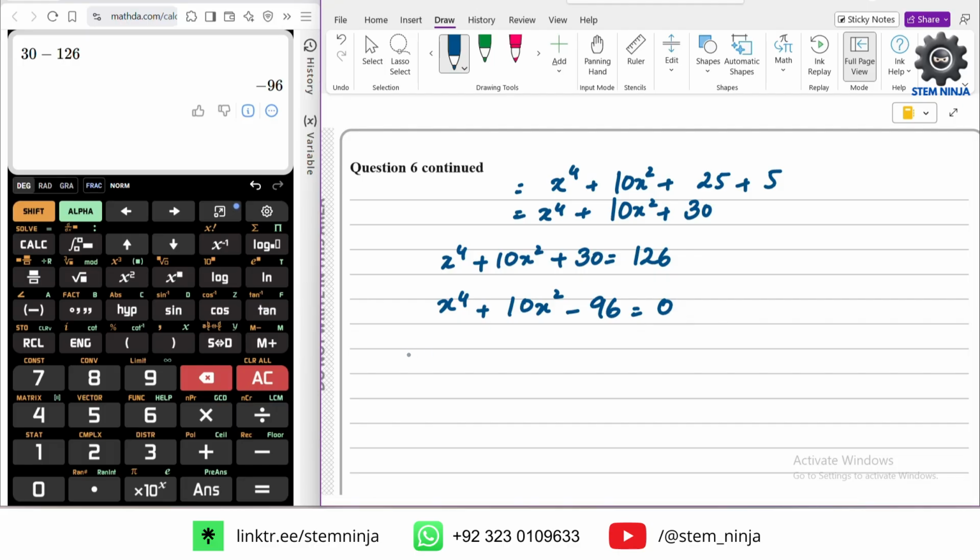Okay, now this is a quadratic equation. We can solve it, for example, by letting z equal x squared. So z squared plus 10z minus 96.